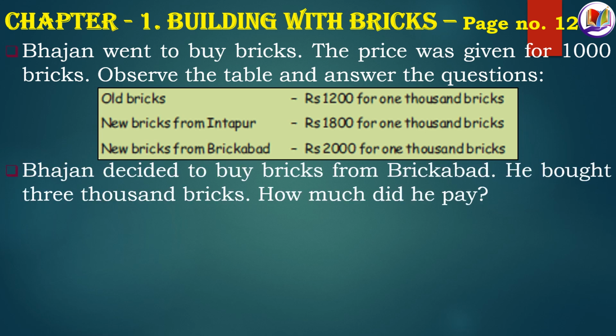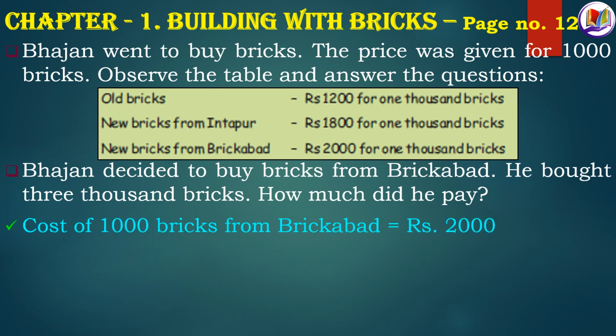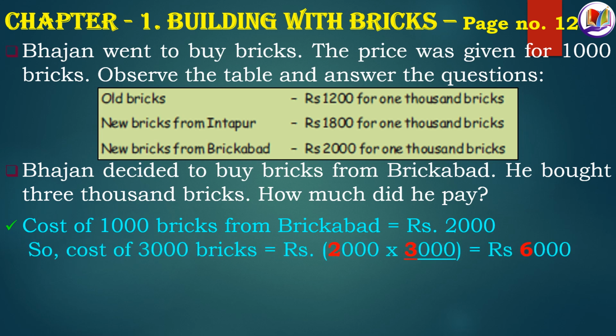Bhajan decided to buy bricks from Brickabad. He bought 3000 bricks. So how much did he pay? Well, cost of 1000 bricks from Brickabad is Rs 2000. So cost of 3000 bricks would be 2000 multiplied by number of bricks he wants to buy, that is 3000, upon the base of the bricks, that is 1000 bricks.